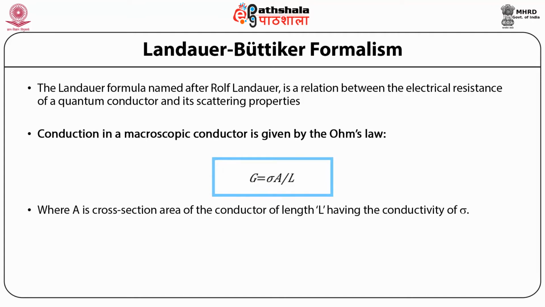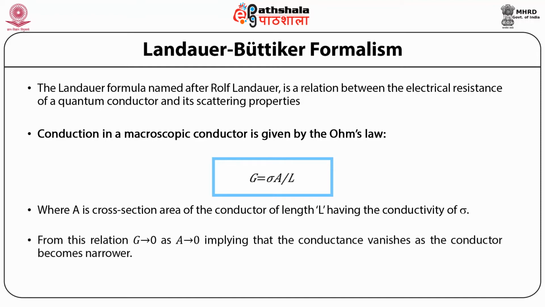Conduction in a macroscopic conductor is given by Ohm's law, that is, G equal to sigma A by L. Here A is the cross-section area of a conductor of length L having the conductivity of sigma. So from this relation, G tends to 0 as A tends to 0, implying that the conductance vanishes as the conductor becomes narrower.